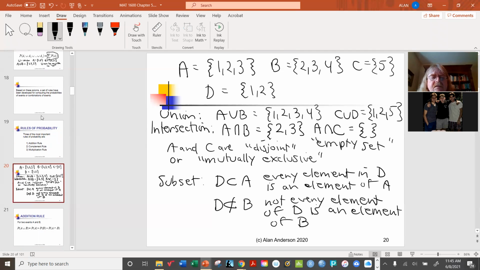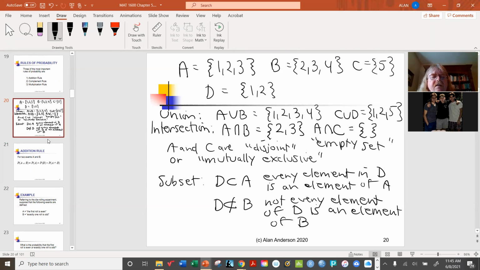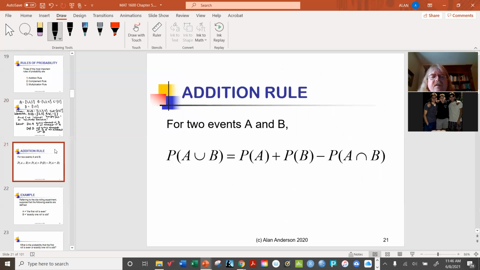Okay. So we're going to start by defining the addition rule. And the addition rule tells us what to do in the case that we have the union of two different events. And you can see it's pretty straightforward.